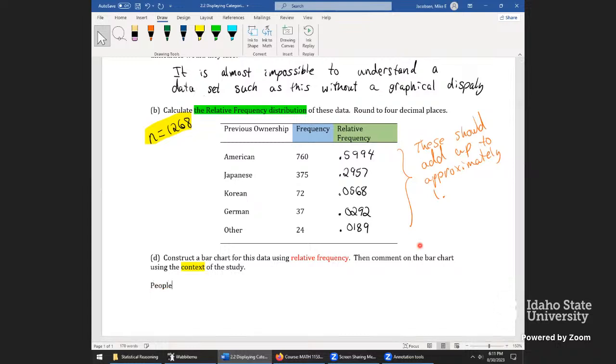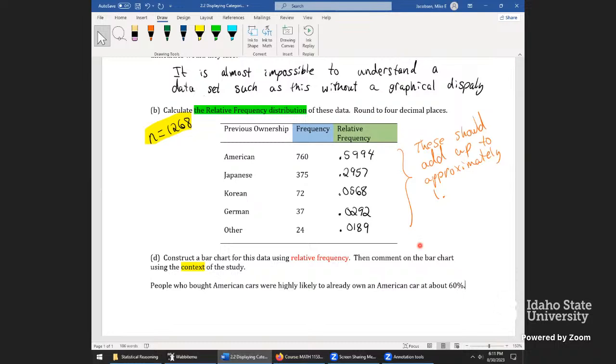People who bought American cars had overwhelmingly, let me try to make this more dramatic, people who bought American cars were highly likely to already own an American car at about 60%.